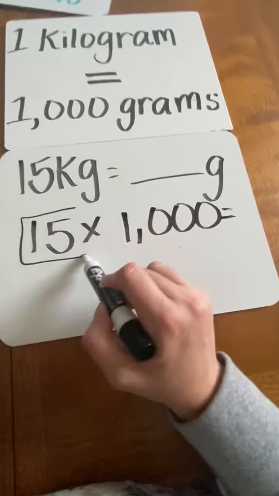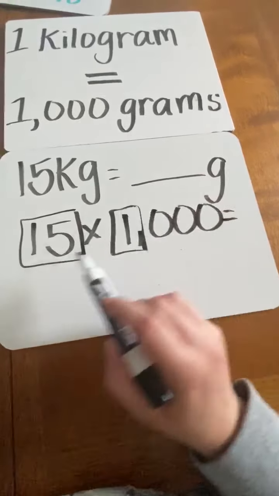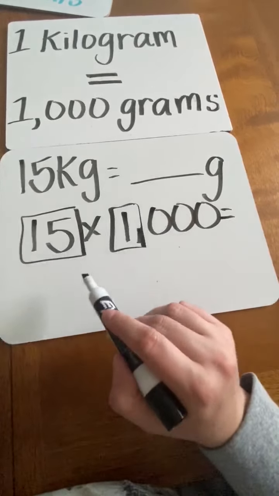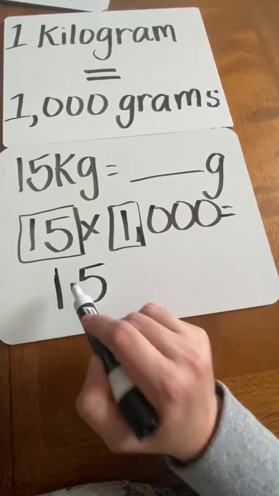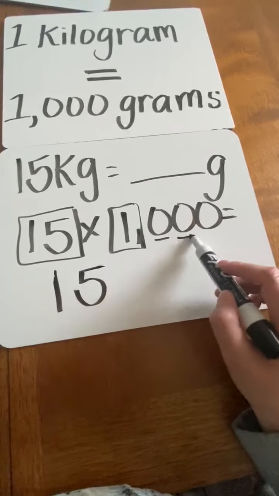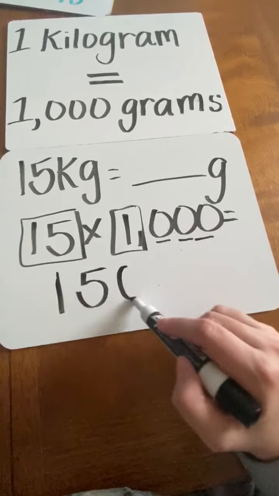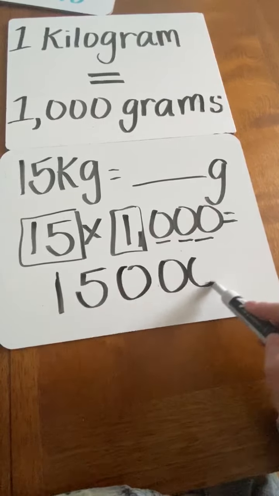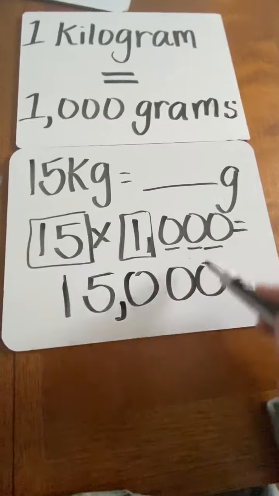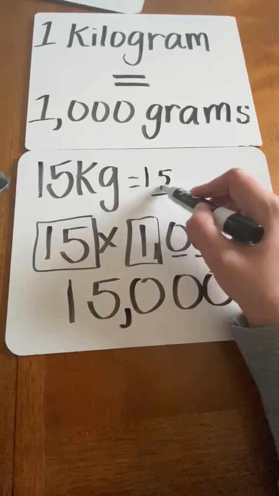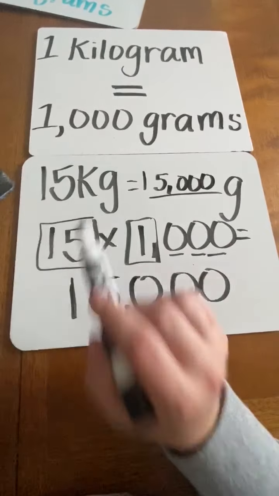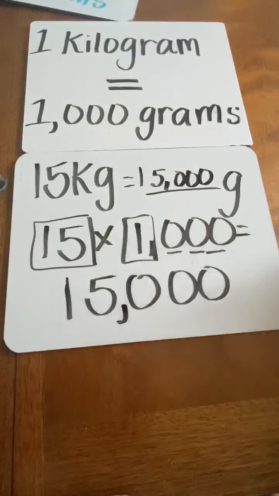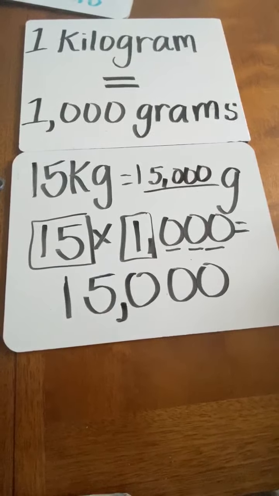So I'm going to take my 15 times 1. I know anything times 1 is itself. So 15 times 1 is going to be 15. And then I have my 1, 2, 3 zeros I need to add on the end. 1, 2, 3. And I get 15,000. So 15 kilograms equals 15,000 grams.